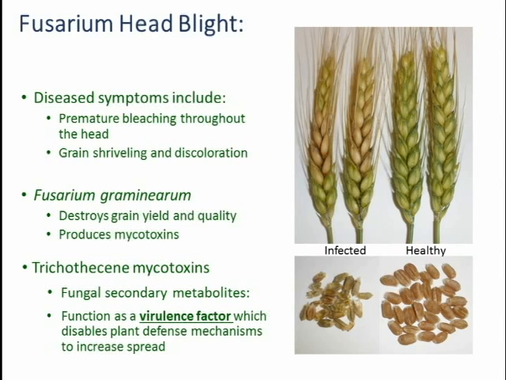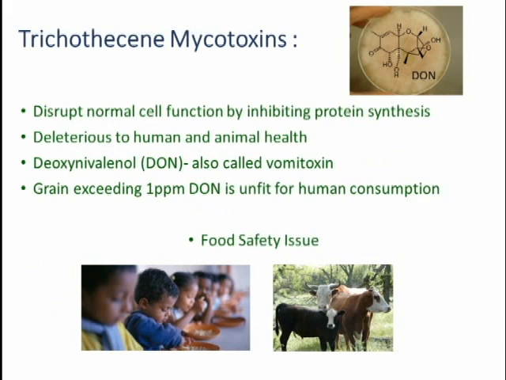Trichothecene mycotoxins are fungal secondary metabolites. And in particular, trichothecenes function as a virulence factor that disables the plant defense mechanisms and leads to the increased spread throughout the wheat head. These chemical compounds function by inhibiting plant protein synthesis.